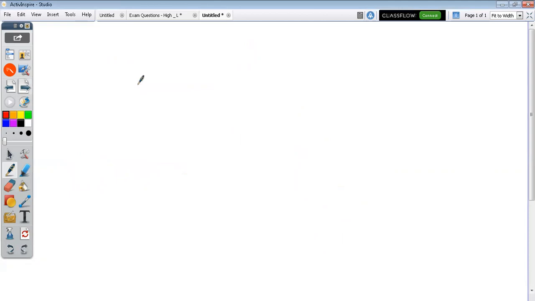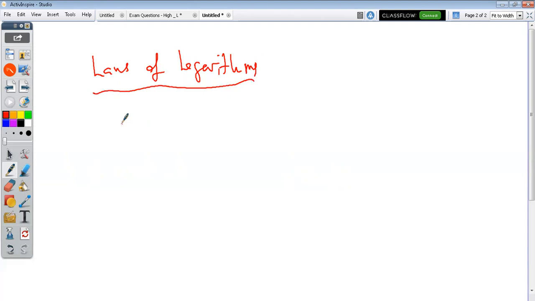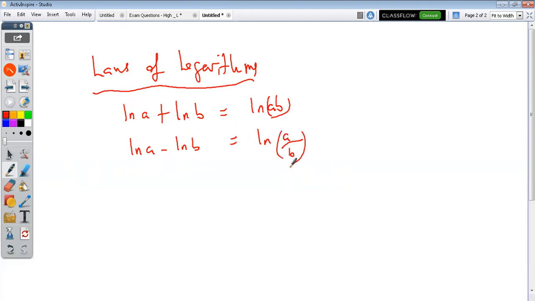Then we have the laws of logarithms. From the laws of logarithms, we know that ln a plus ln b is the same as ln ab; if I'm adding, I multiply. If I say ln a minus ln b, I divide, that is the same as ln of a divided by b.